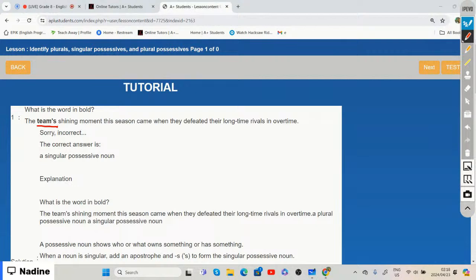All right, and if we look at that specific word, we can say it is a singular possessive noun, right?